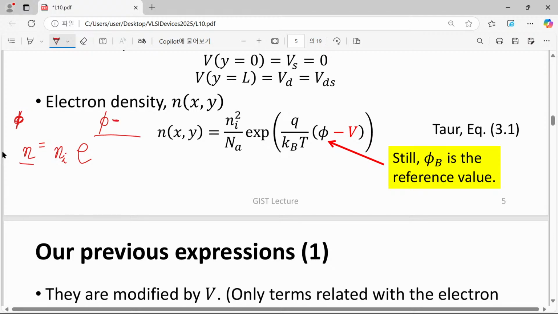Phi minus, here we have to have the electron quasi-Fermi potential. The difference between the electrostatic potential and the electron quasi-Fermi potential is required here, divided by kBT over Q. That was the one we had to have.